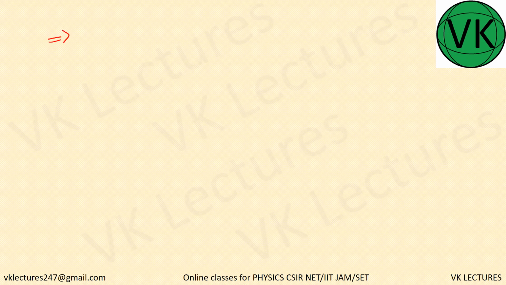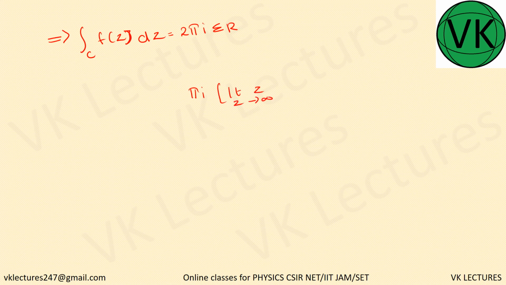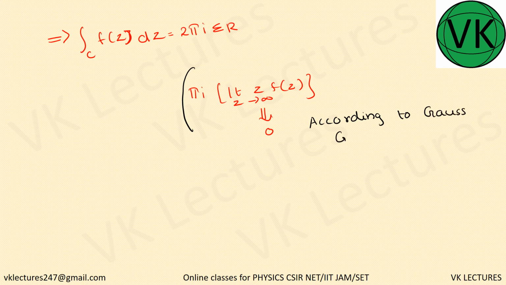So we can say that the integral over c f of z dz is equal to 2 pi i summation over residue, because the part pi i limit z tends to infinity z f of z is equal to 0 according to the Gauss Jordan lemma.